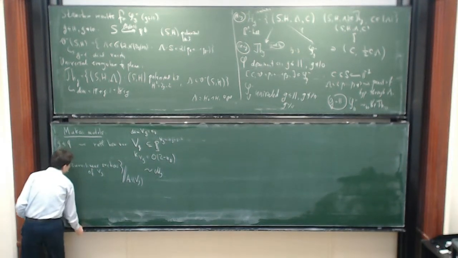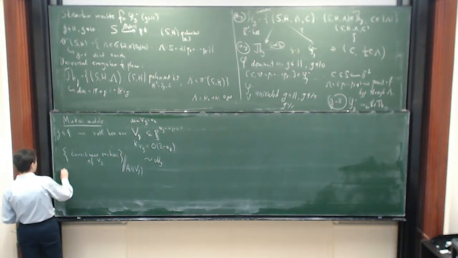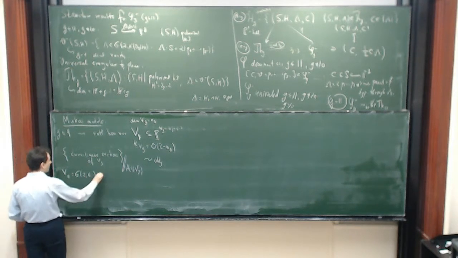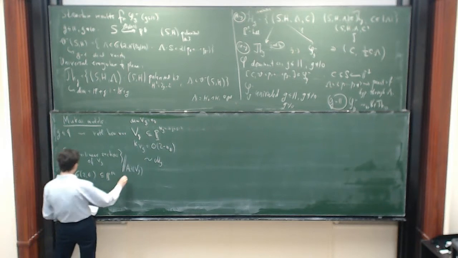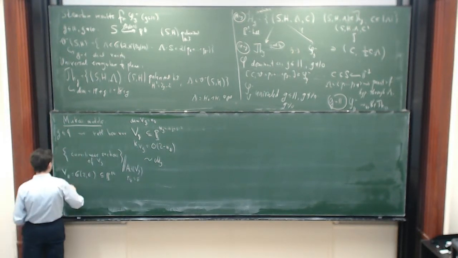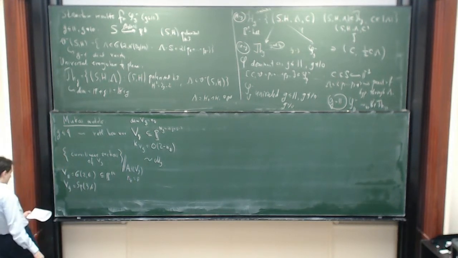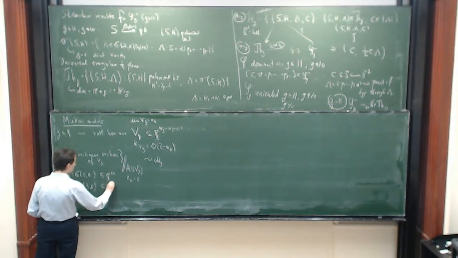And maybe I should make a list here because it will play some role in our story. V_8 is the Grassmannian G(2,6), embedded in P^14 via the Plücker embedding. So in this case, n_8 is 8. V_9 is the symplectic Grassmannian SP(3,6), and it is embedded in P^13.